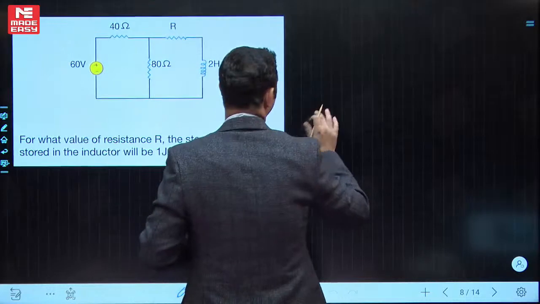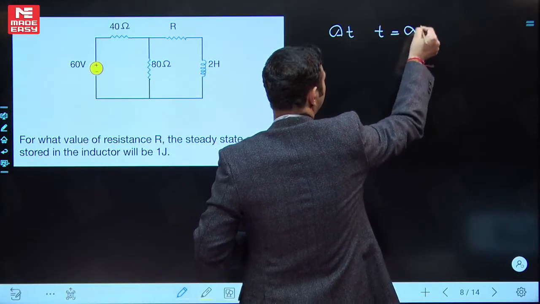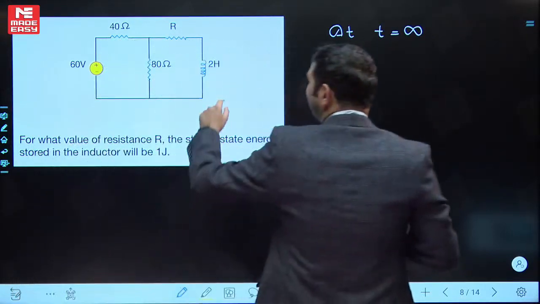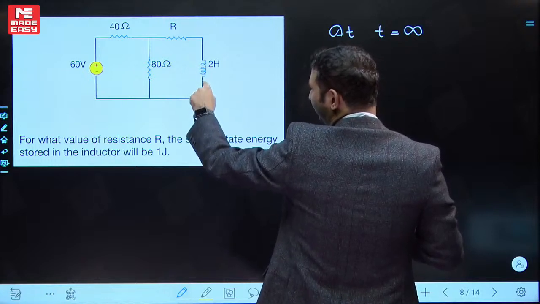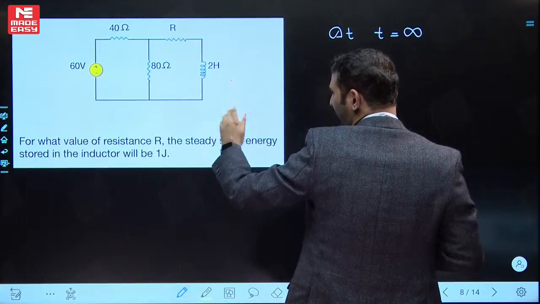So at t equal to infinity, the steady state, this will be short, because for the DC source under steady state condition, inductor acts as a short circuit.